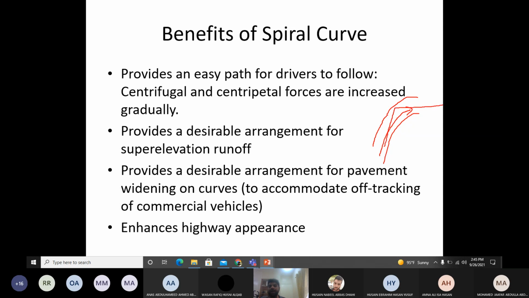So instead of providing them this much width, we have to provide some extra width. This is known as widening of the road. The normal lane has less width compared to the width of the road on the curve, especially for the off tracking of heavy vehicles, also called commercial vehicles.